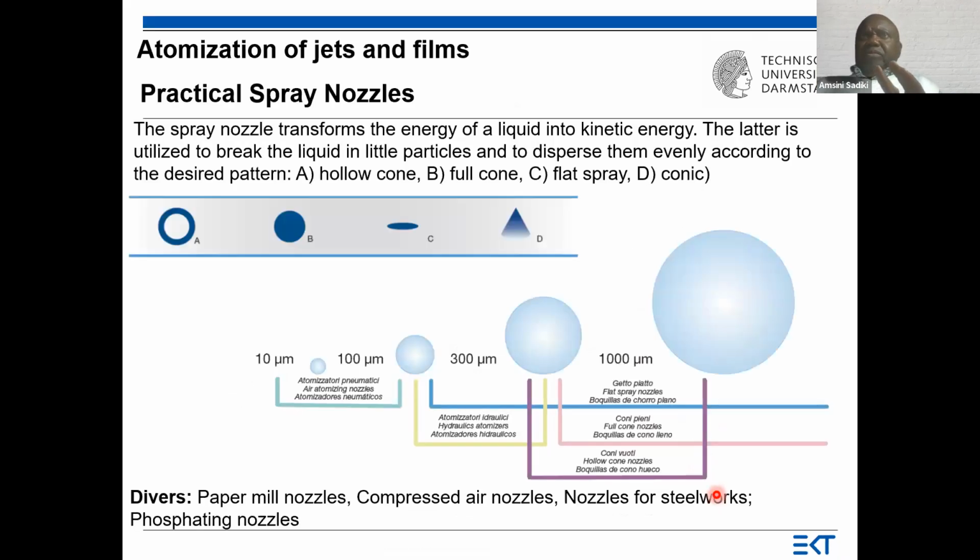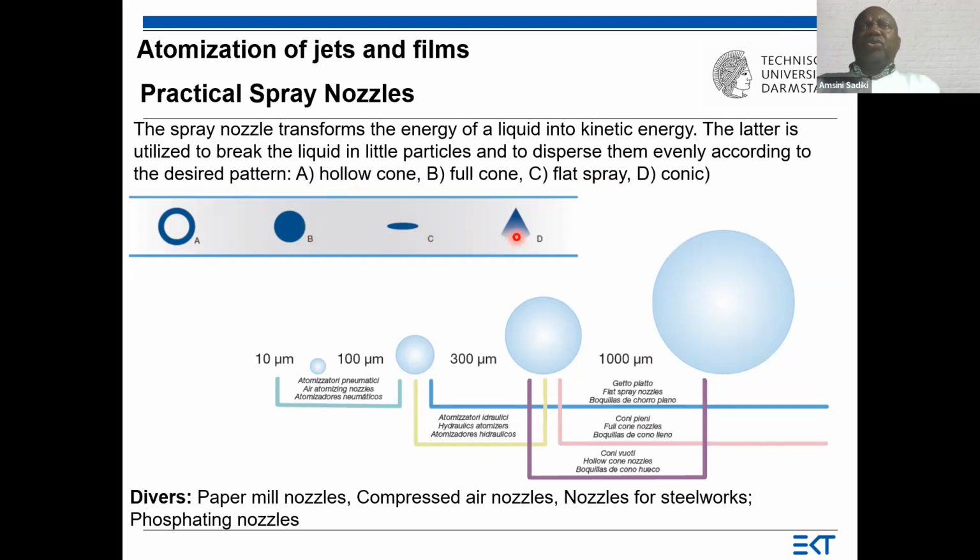So particle spray nozzles, we can classify them by the pattern. They try to disperse according to a specific desired pattern. For example, hollow cone, so the spray is dispersed in this form, and this is the full cone, and here it is a flat cone, and here is conic.